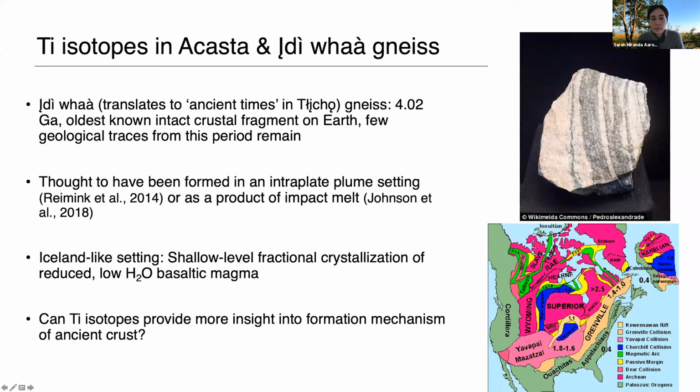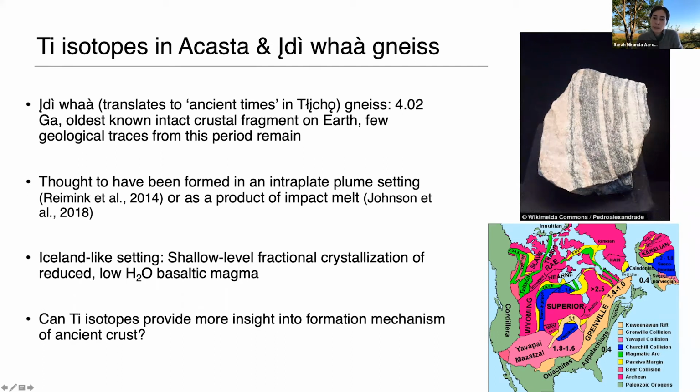This is a place where we have remnants of Earth's oldest rock. It's really the oldest single rock record that we have, and it's really exciting. It's been dated to 4.02 billion years ago. It's thought to have been formed in an intraplate plume setting, so in an environment where you basically have hot mantle upwelling from below.